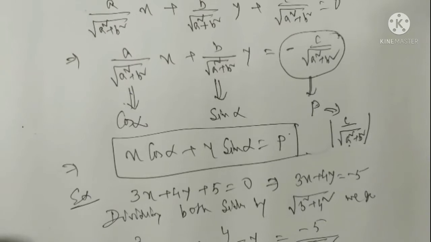The root of 3 square plus 4 square, which is root 25, is 5. So 3 by 5 x plus 4 by 5 y equals minus 1.